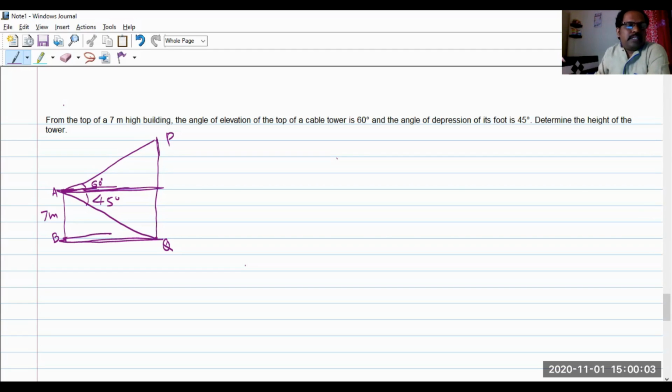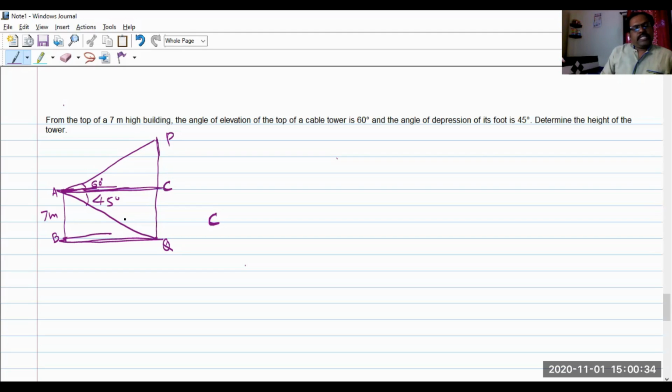So students, as we have discussed in the previous video, the horizontal line of the angle of elevation or the angle of depression is always parallel to the ground level. Here I can say, suppose C is a point, then we can say that AC is parallel to BQ, right? AC is parallel to BQ, that is considered here.